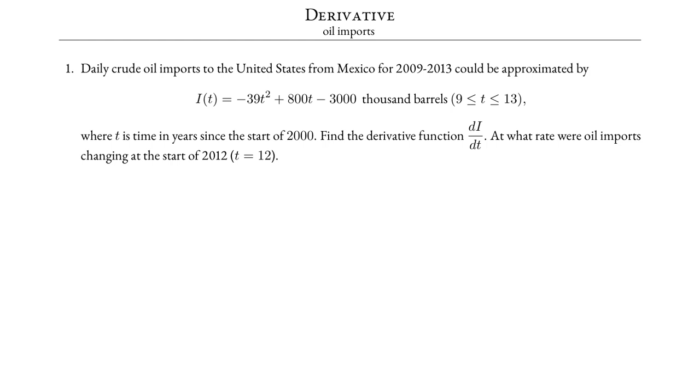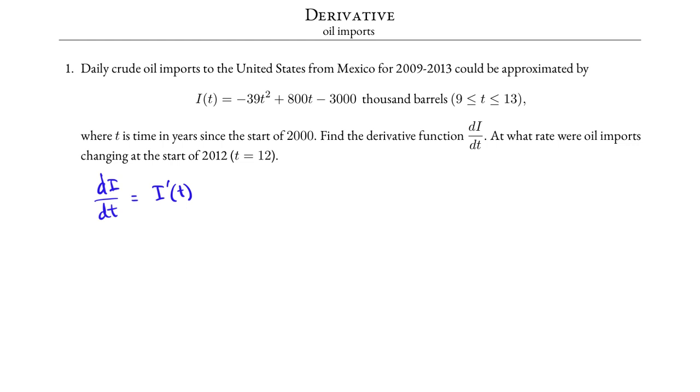First, we will need to find the derivative function, not just the derivative at any point, but the derivative function itself. Given that I of t equals this formula, the derivative function is dI dt, which is simply I prime of t in the prime notation. These notations can be used interchangeably.